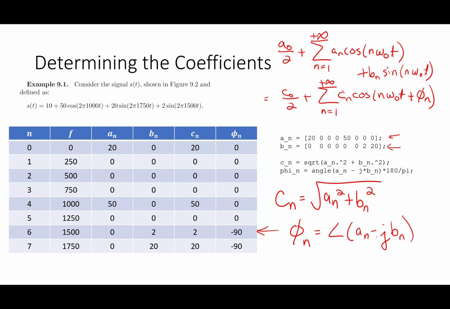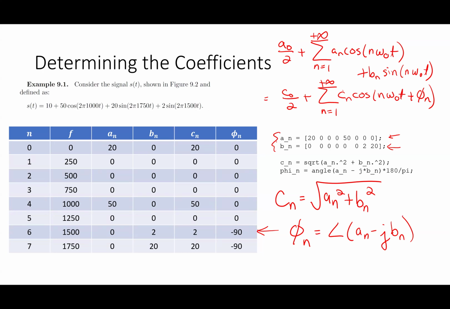Like that. And what did I do? I put the values an and bn into a set of vectors. Now, the vectors that I made there, are they row vectors or column vectors? The an and bn, is this a row vector or a column vector I made? These are row vectors, right?